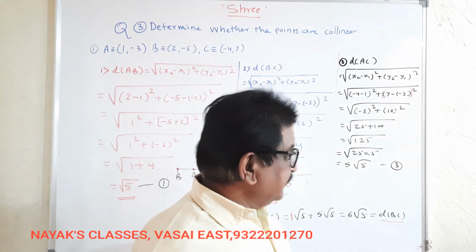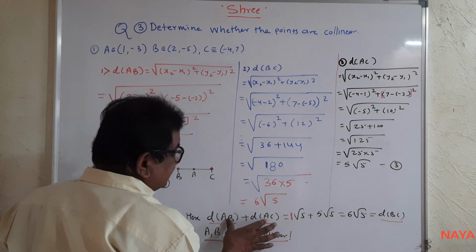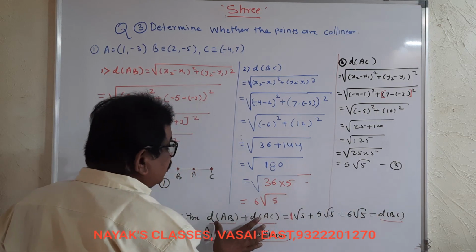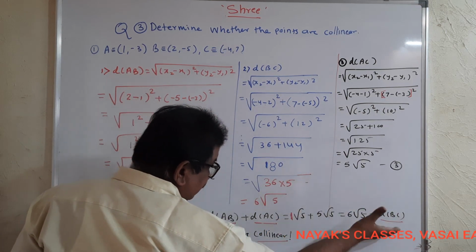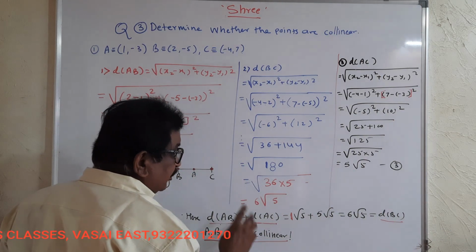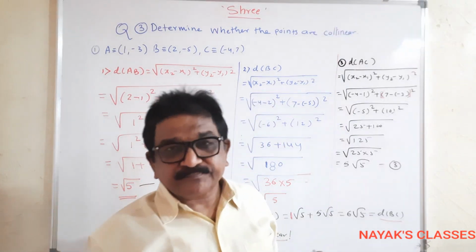The condition is the same. If the sum of two smaller distances is equal to the greater distance, then the given points are collinear. Otherwise no. Simple.